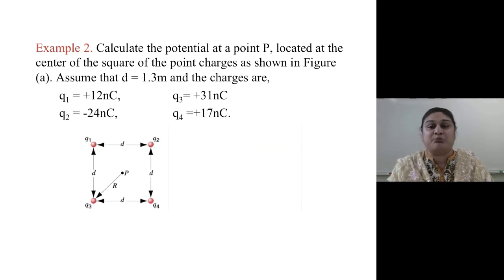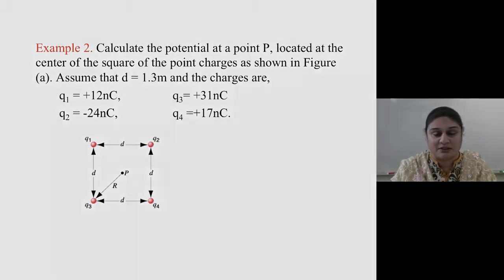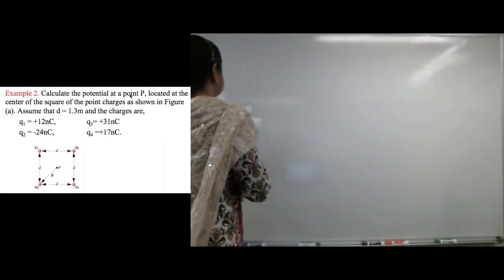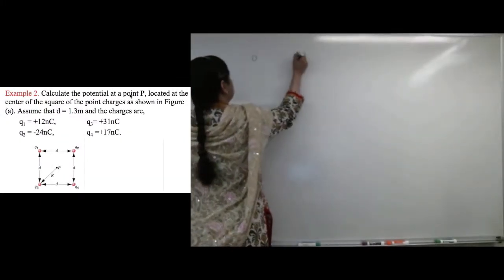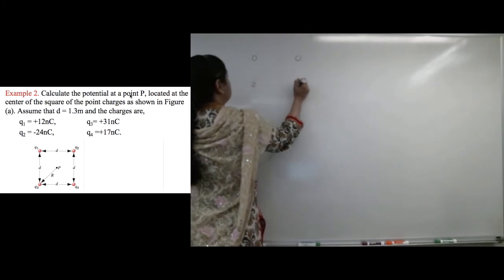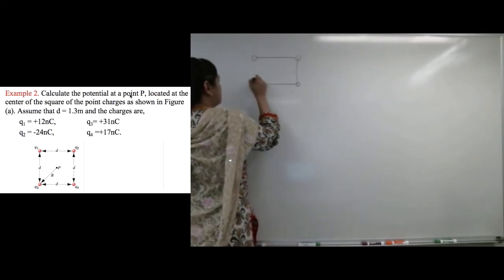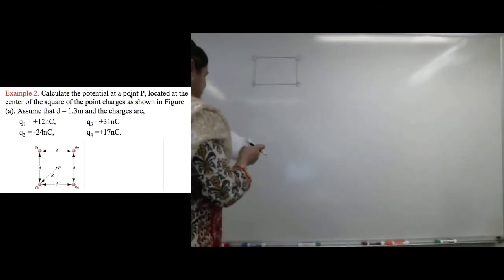Now on to an example. Calculate the potential at point P located at the center of the square if the point charges are as shown in the figure. Assume D is 1.3 and the charges are Q1, Q2, Q3, and Q4. So in this question, what it gives us is Q1, Q2, Q3, and Q4, and this is a square. Pretend it's a square, right?